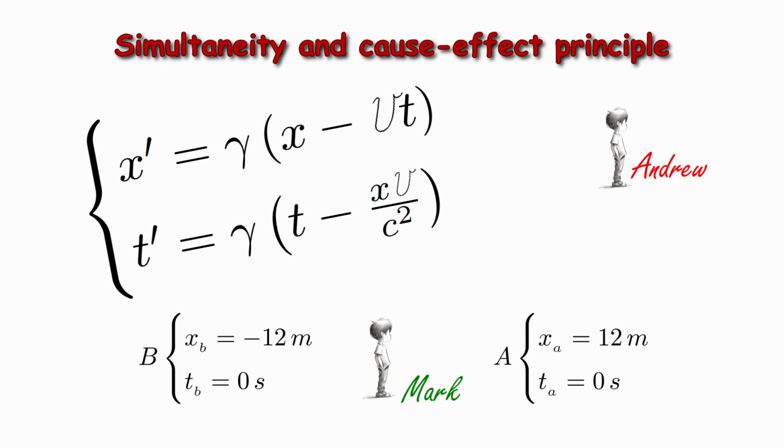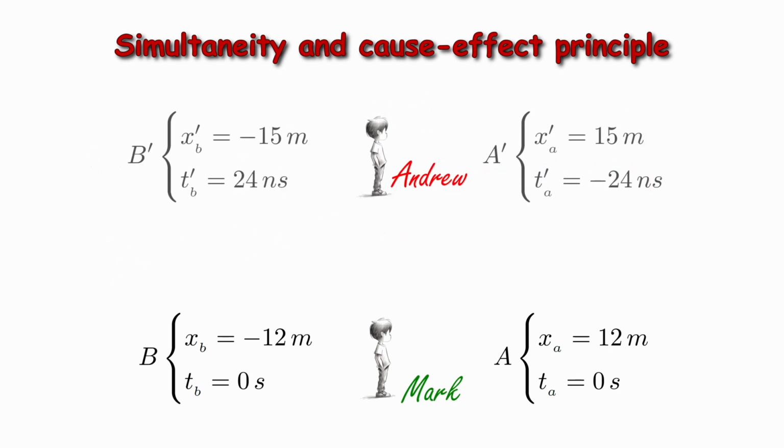Using Lorentz transformations, we can calculate the spacetime coordinates of the two events in Andrew's reference system. The event locations are xb prime equals minus 15 meters and xa prime equals plus 15 meters.